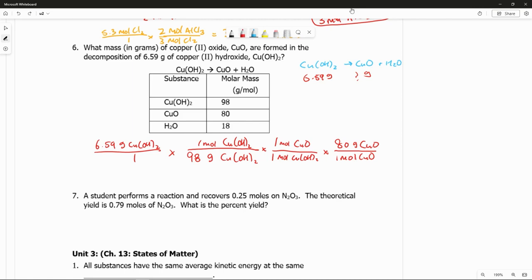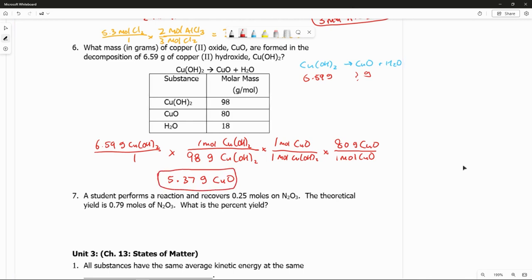So we're good to calculate. 6.59 times 1 times 1 times 80 divided by 98, since there are only ones on the bottom. That will give you in the end your answer of 5.37 grams of CuO. And that is your final answer.